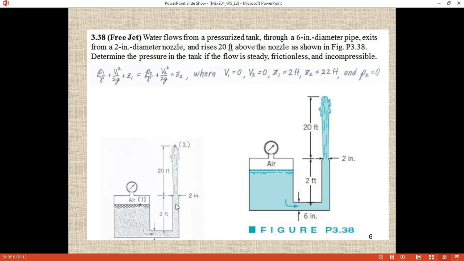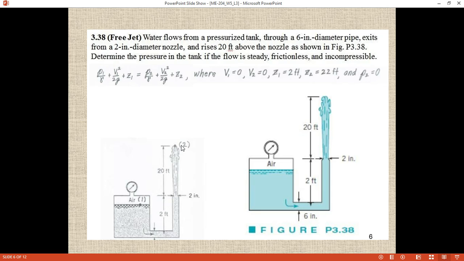We can take the reference here or here as well. If you take the reference here, point 1 is 2 feet away and point 2 is 22 feet away. But if you take the reference point here, z1 will be 0 and z2 will be 20, and p2 will be 0 because this is atmospheric pressure.